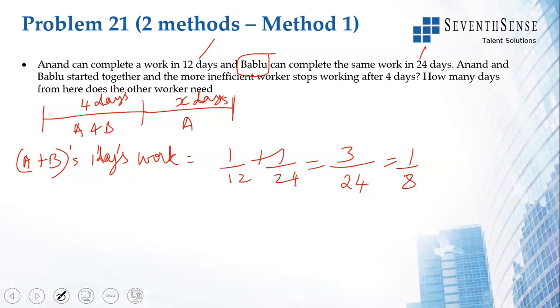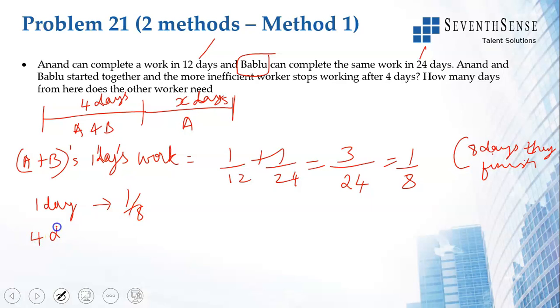Which means in 8 days they finish the work. In 1 day they do 1 by 8 of the work. But they are working together for 4 days. In 4 days they do how much? 4 into 1 by 8, which is half. So half of the work is done in 4 days.